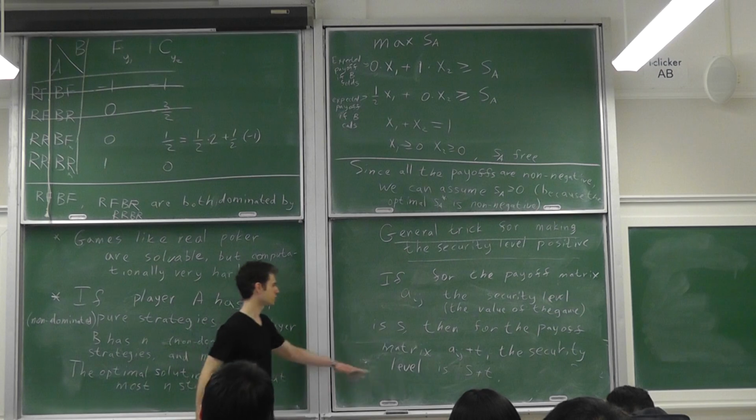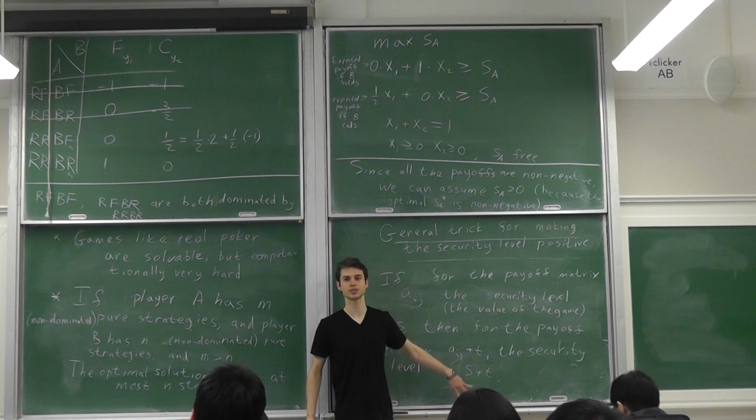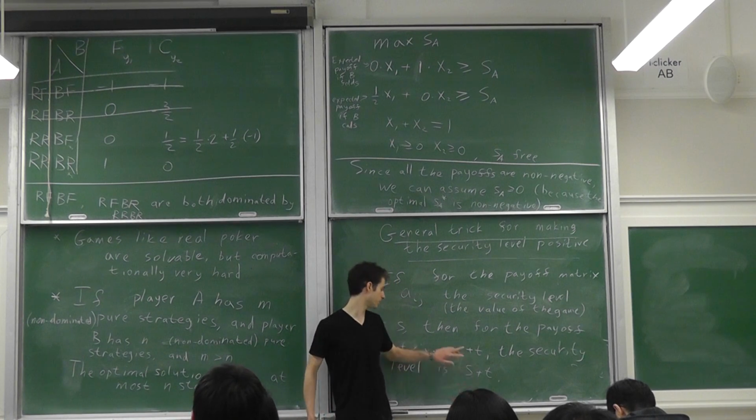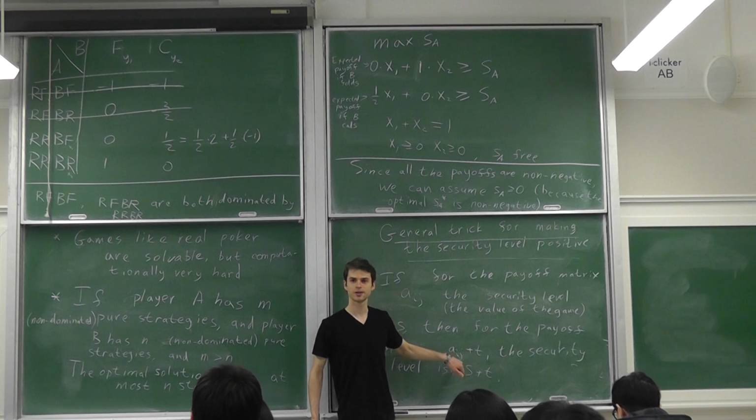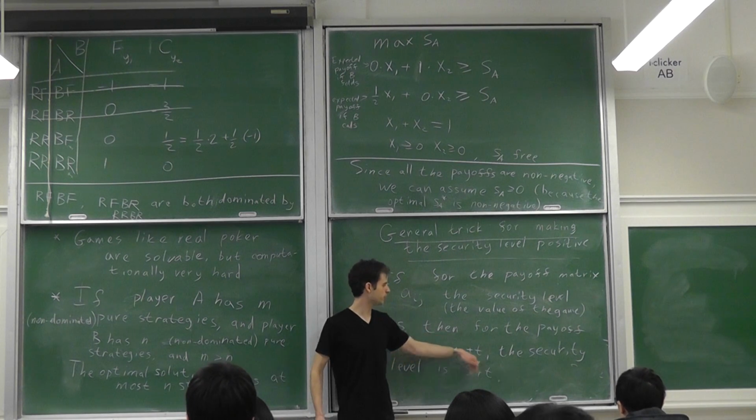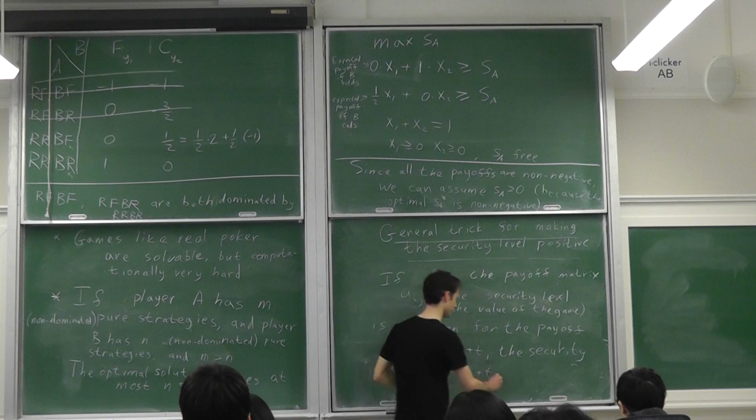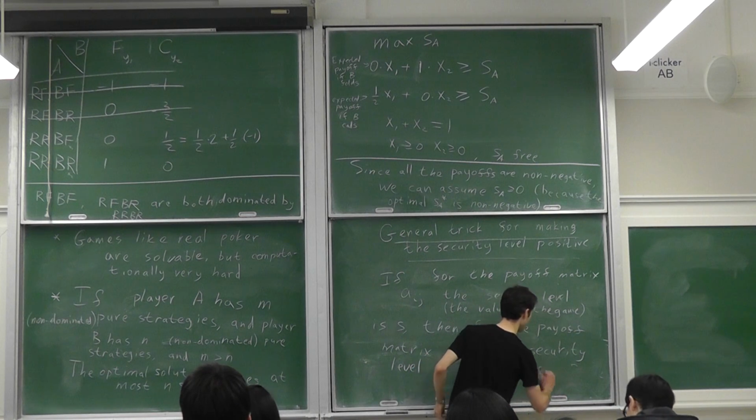How large? I want to make sure that this number is positive. So choose T to be just large enough to make all these numbers positive.